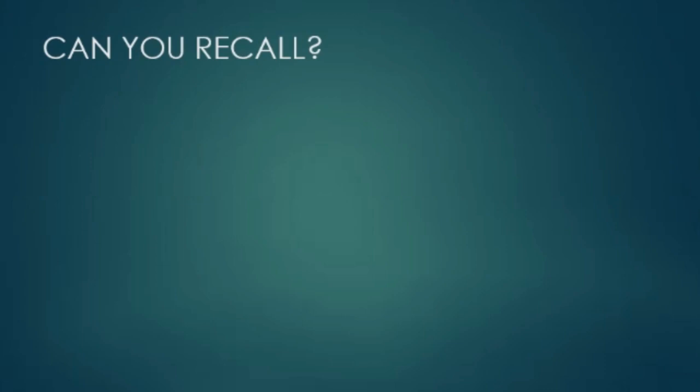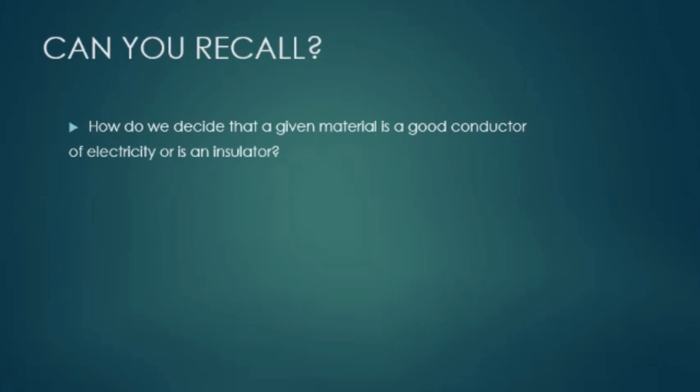Based on the concepts that we have just revised, let us see, can you recall a few of the concepts in these questions? First question: how do we decide that a given material is a good conductor of electricity or an insulator? Insulator, you may call it a bad conductor of electricity. Think about it.